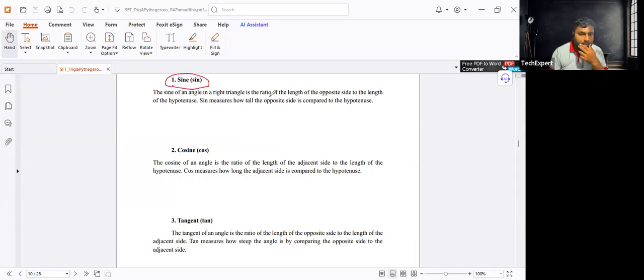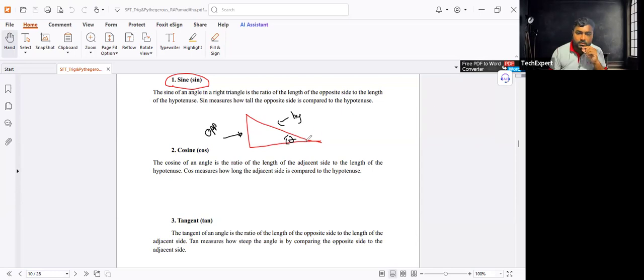Then when we talk about sine in a right angle triangle, if this is theta, this is the opposite side and this is the hypotenuse. So we are talking about the relationship between the opposite and hypotenuse sides. Actually, it's a comparison, and by using that comparison, we can get this angle.